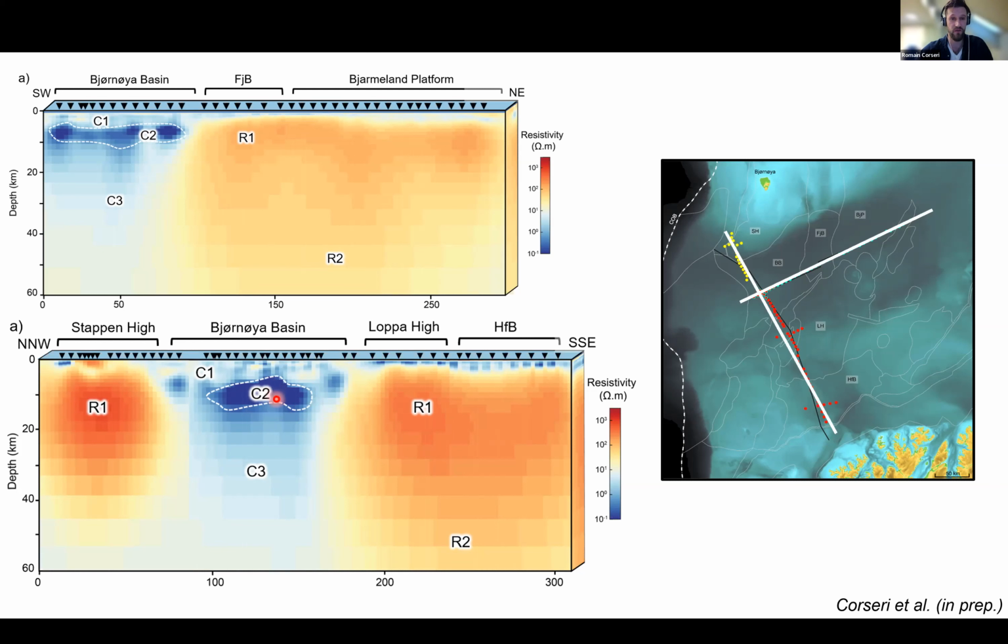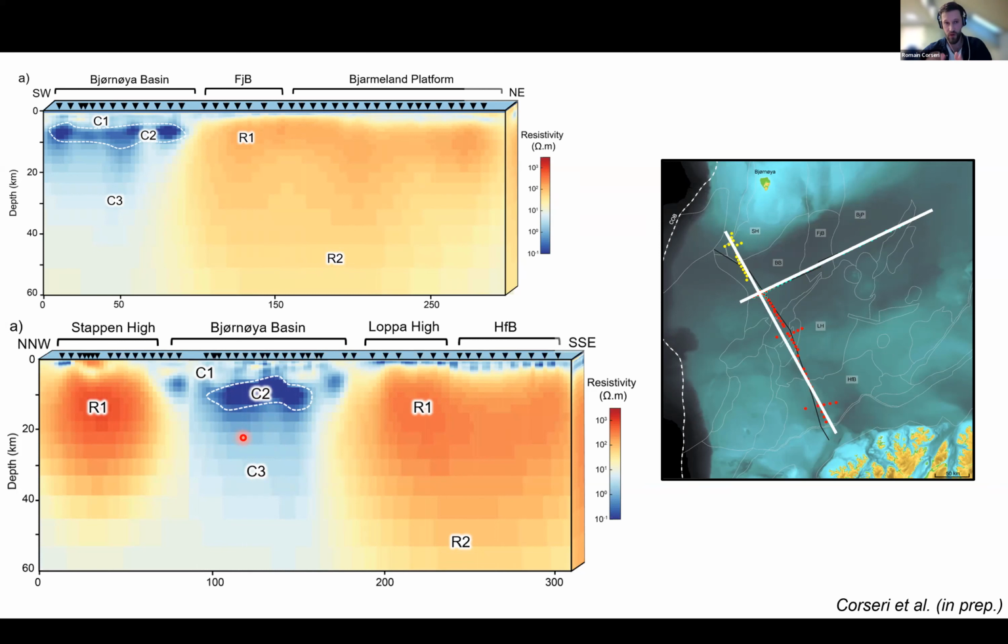So it's a very, very low resistivity zone, leading to this conductive tail that we will call C3, encompassing the uppermost mantle, and has values spanning from 1 to 10 meters.